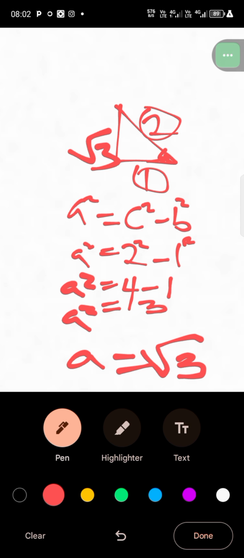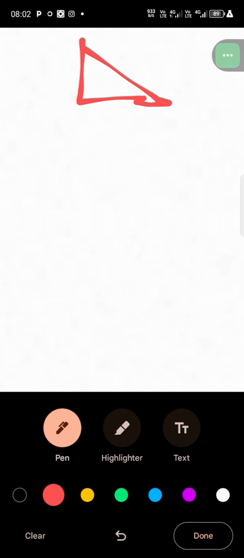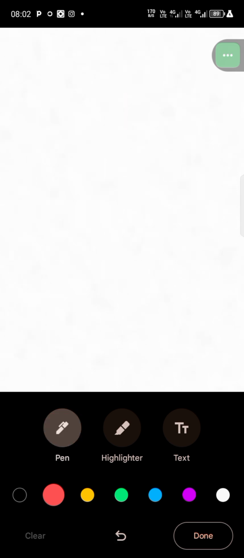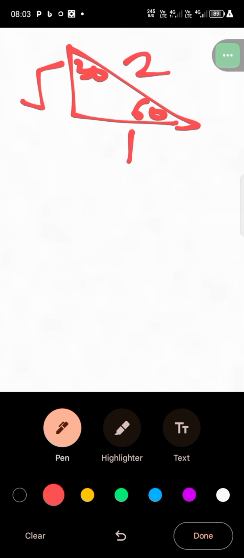Now we have the formula worked out to find the value of the square root of 3 there. Looking at the diagram again, where we have 60 at this angle, and we have 30 at the angle there. We have the 2 as the hypotenuse, 1 as the adjacent, then root 3 the opposite of 60.